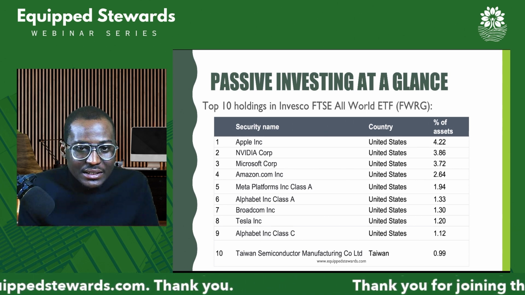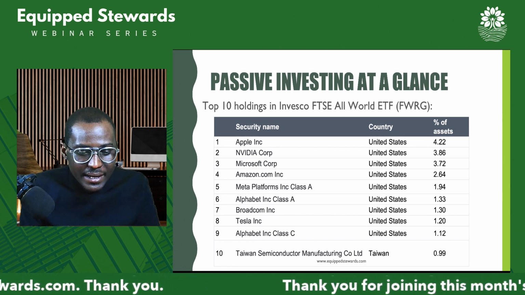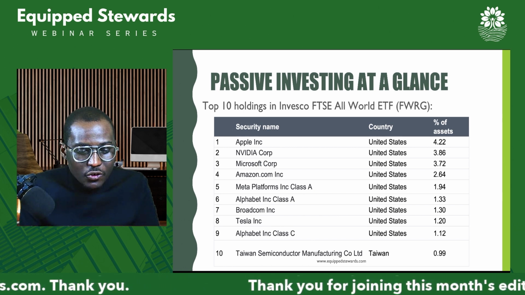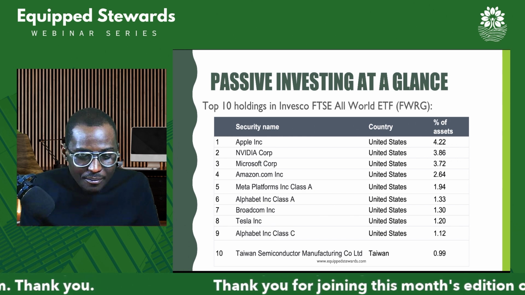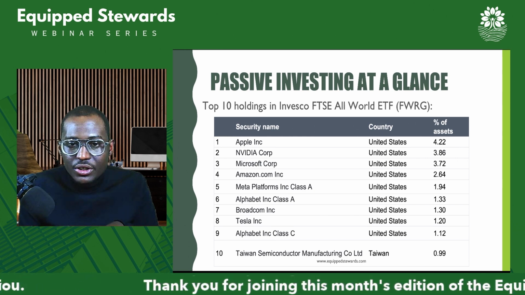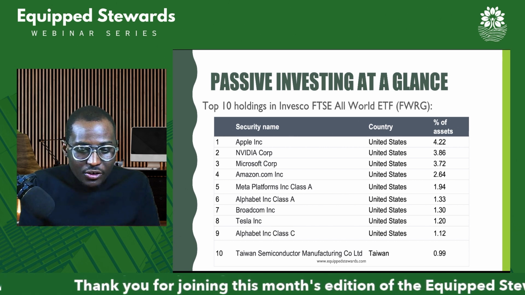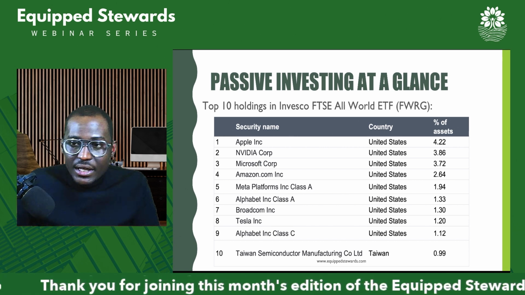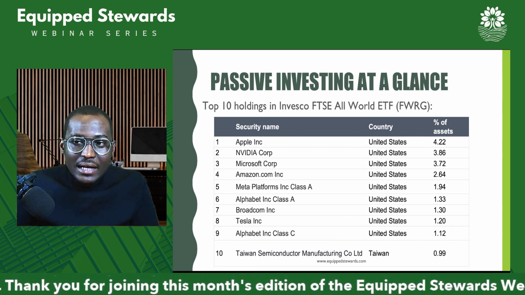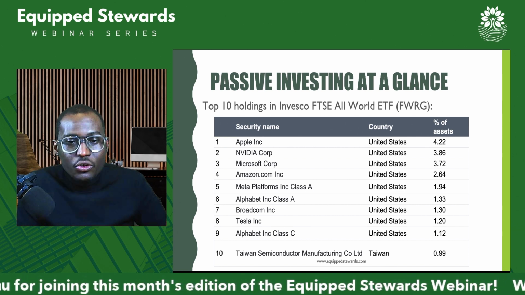If I invest in this fund, I'm investing in Nvidia, Microsoft, Amazon, Meta, Alphabet, Broadcom, Tesla, Alphabet, and also Taiwan Silicon Manufacturing Co., TSMC. So you can see that this fund has US, UK, has Taiwan, has China, has Hong Kong, has everything in it because it's all across the world.